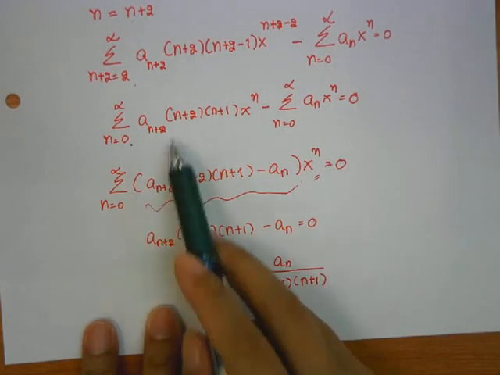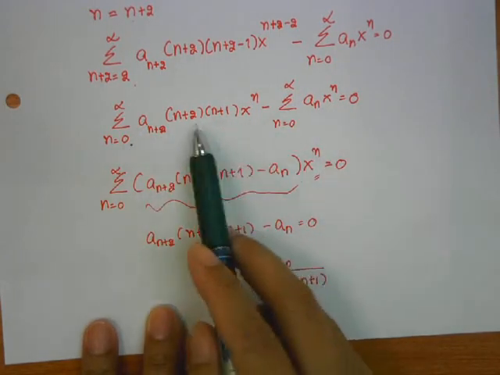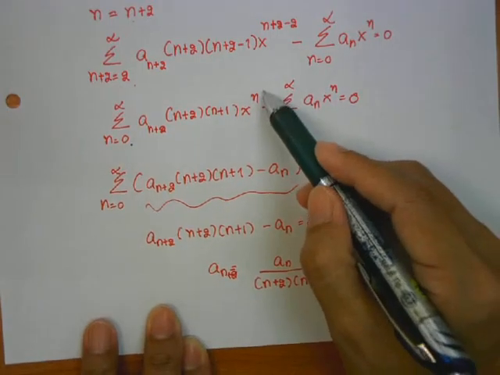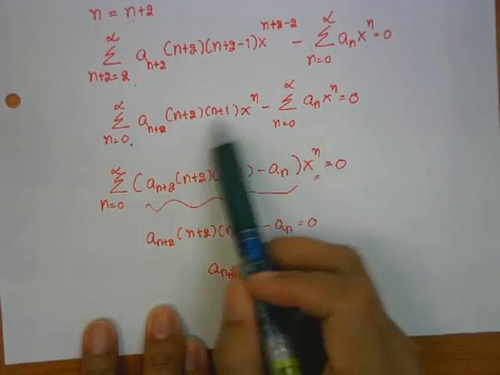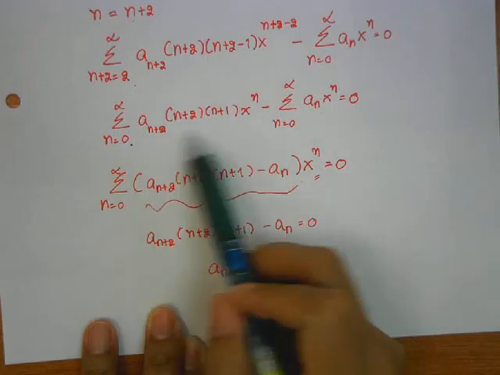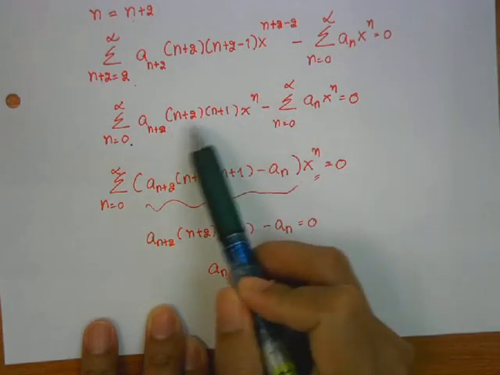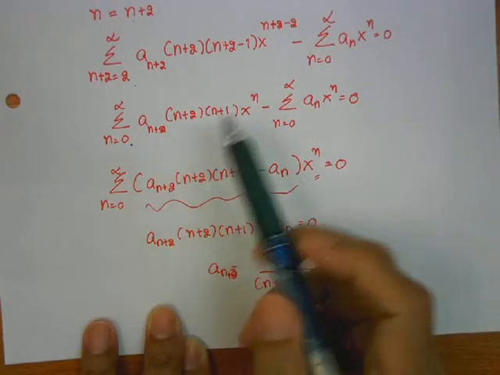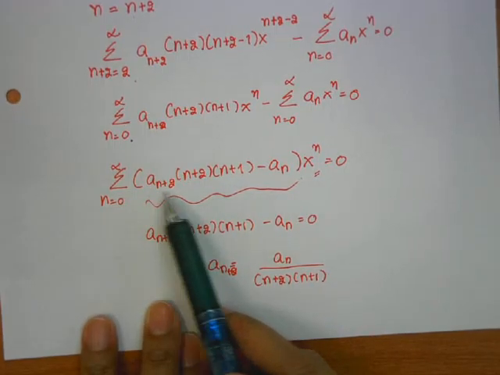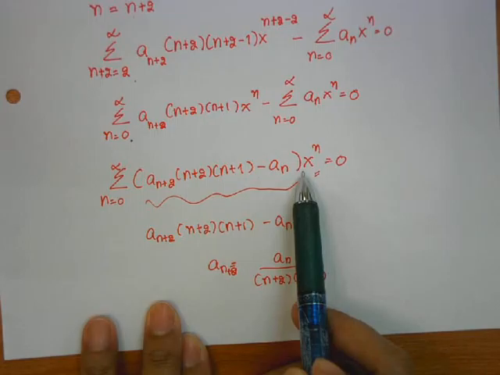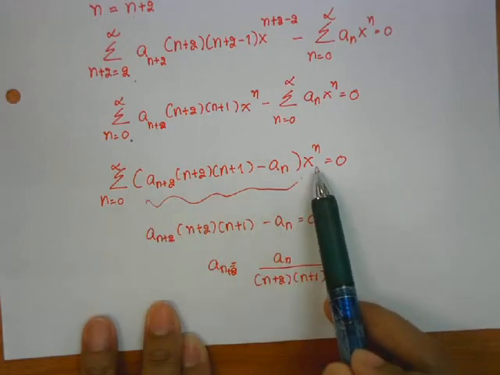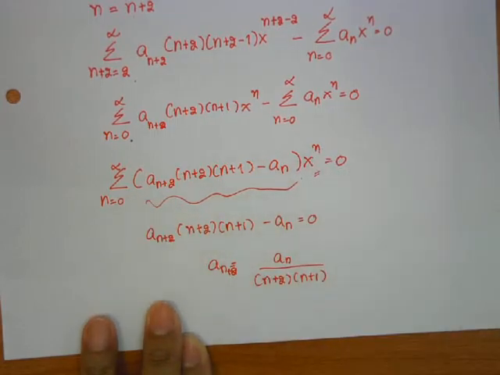So when you sum them together, you just sum the constants, because the common term is x to the power n. So you would get an plus 2 times n plus 2 times n plus 1 minus an, and the whole term times x to the power n equals 0.